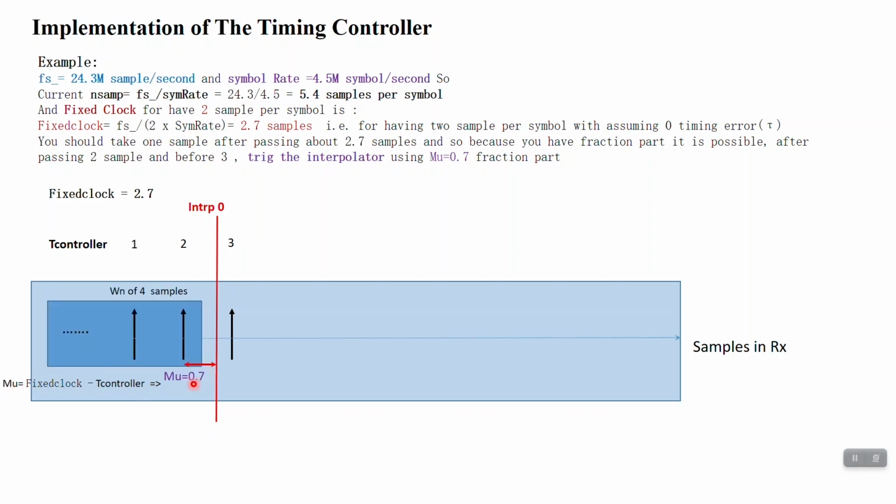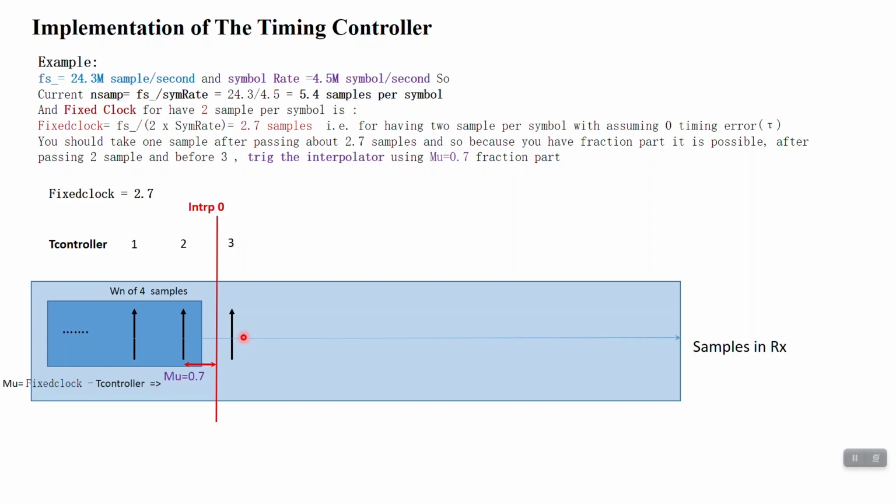Here mu is about 0.7, and we use a window of samples, for example this sample and 3 previous samples, for cubic interpolation. If you use another type of interpolator, you can change the size of this window and derive this mu value as a fraction part to the interpolator, using this window of 4 samples as shown.